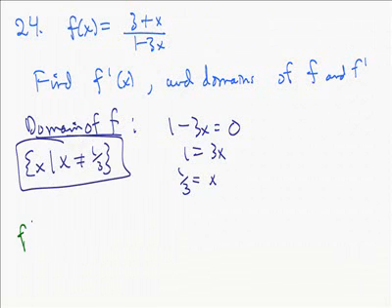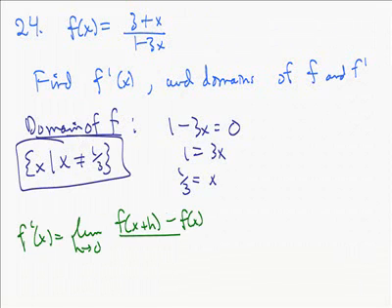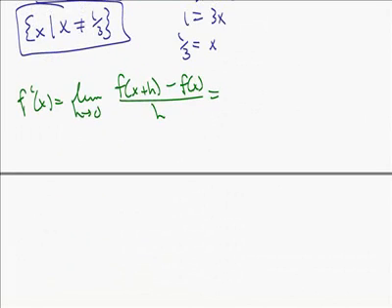Well, f prime of x is going to be the limit as h approaches 0 of f of x plus h minus f of x, all divided by h. Let's come down here, the limit as h approaches 0.